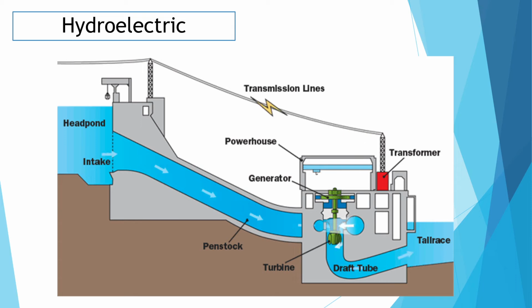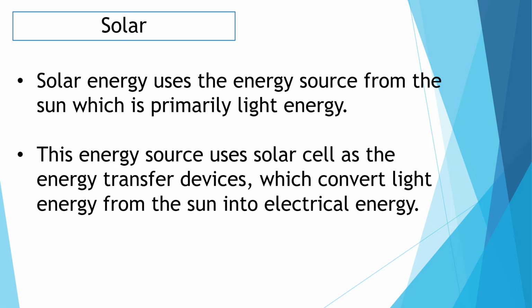So hydroelectric is basically just using the movement of the water, the kinetic energy from the water, to generate electricity using a turbine. The turbine is important, and also the generator. Moving on to solar. Solar energy uses the energy source from the sun. This is commonly the light energy.